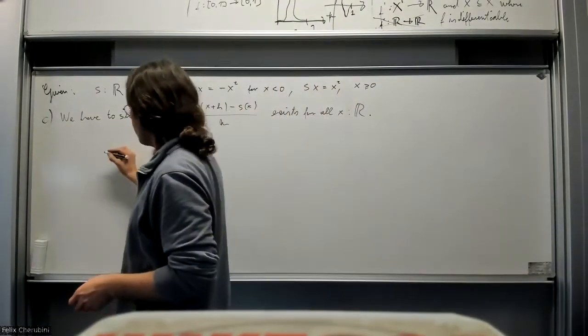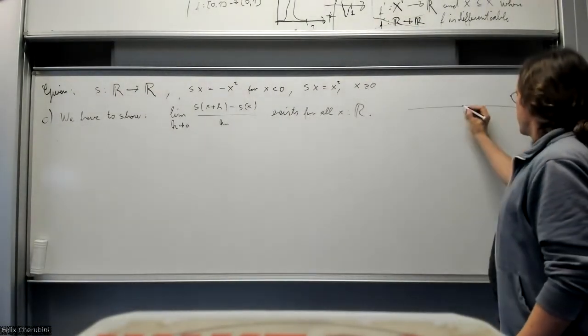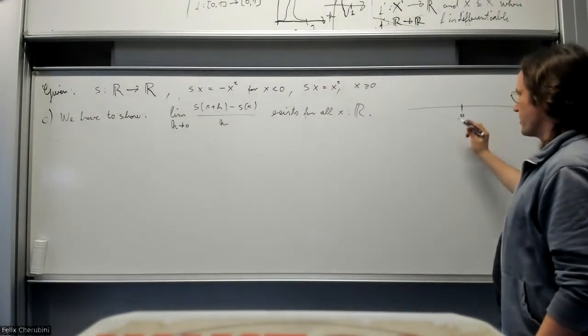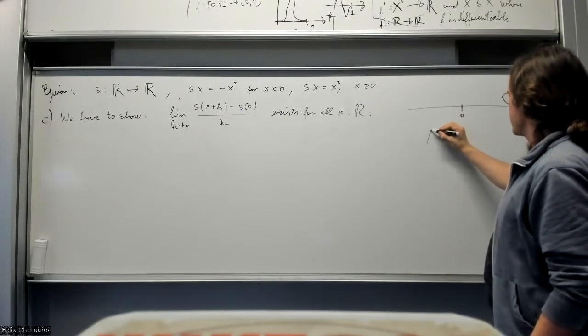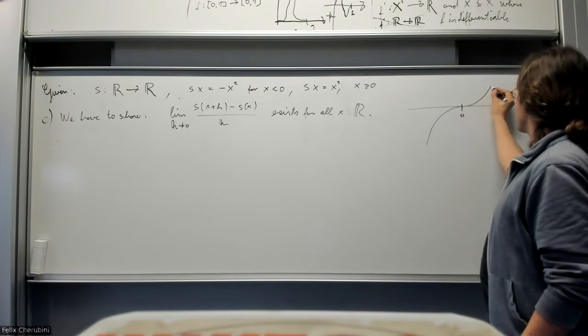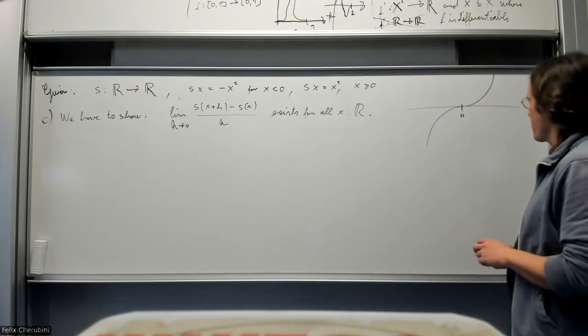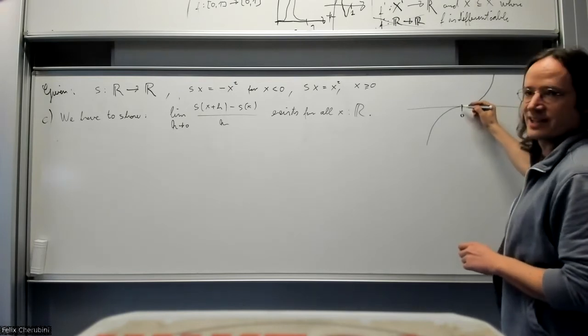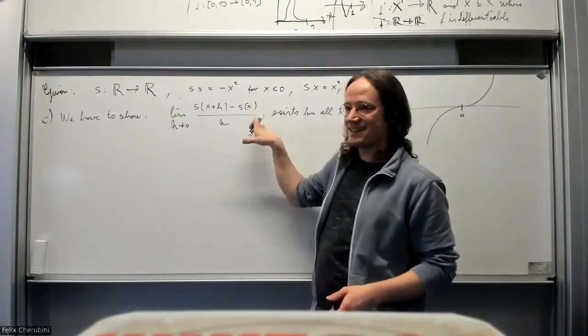So maybe I should draw a picture. So, we have 0. Our function, maybe I should draw it, looks like this. And here is the evil case distinction, which messes up just plugging stuff in.